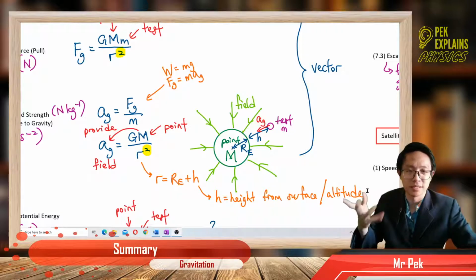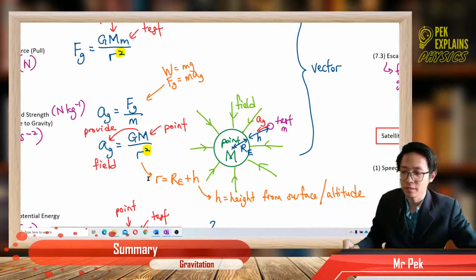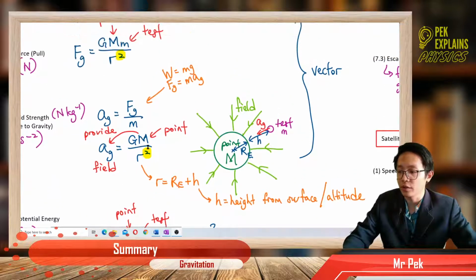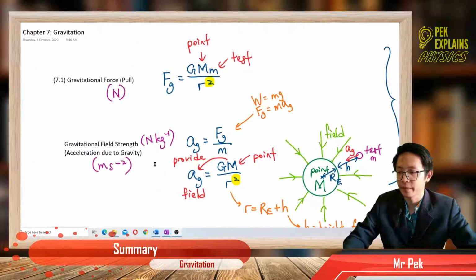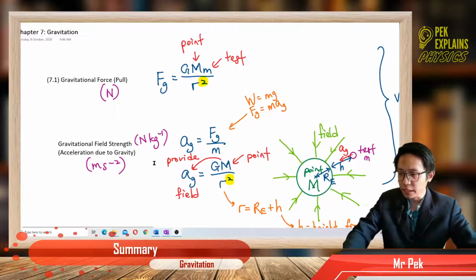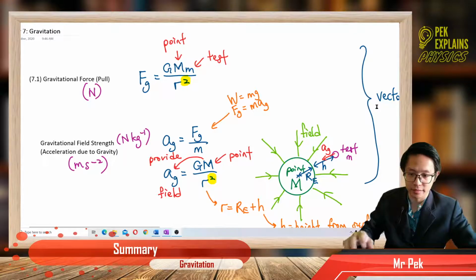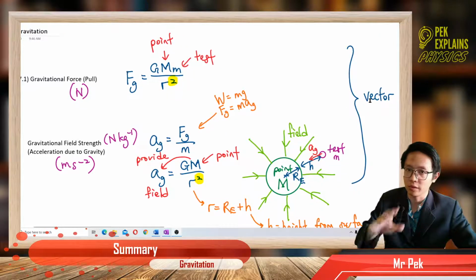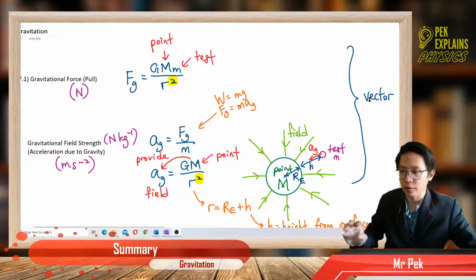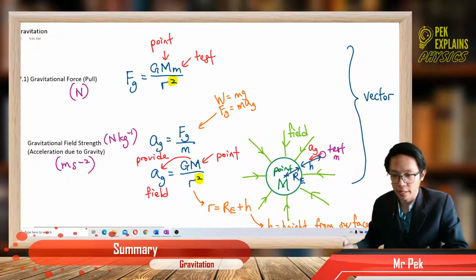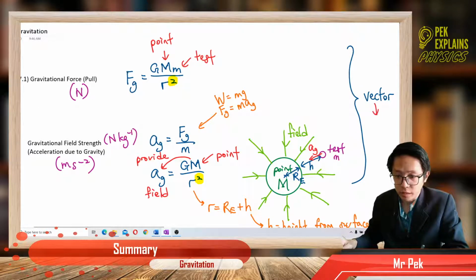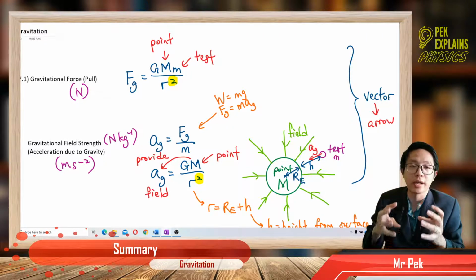So this r is radius of Earth plus altitude. Don't forget you have the square. Now, these two, force and field strength or acceleration due to gravity, are called vectors. They have direction, so when you do questions, don't forget to put an arrow, because they have magnitude and direction.